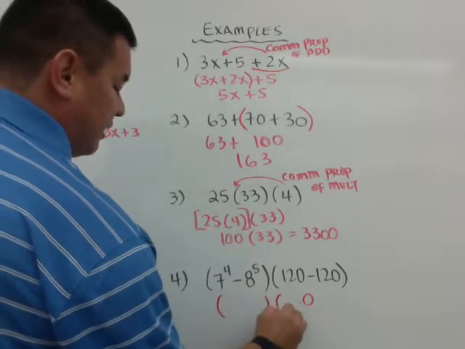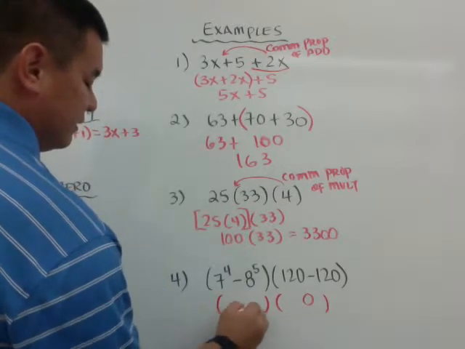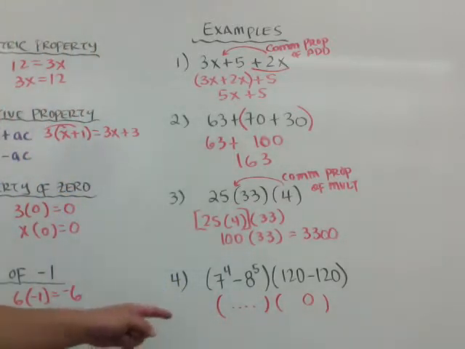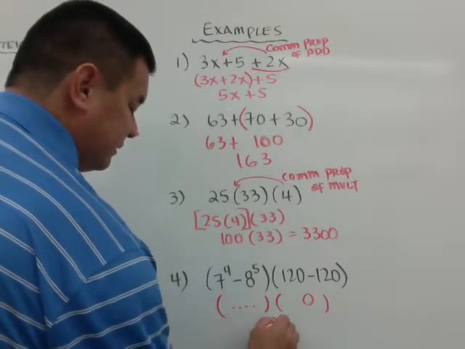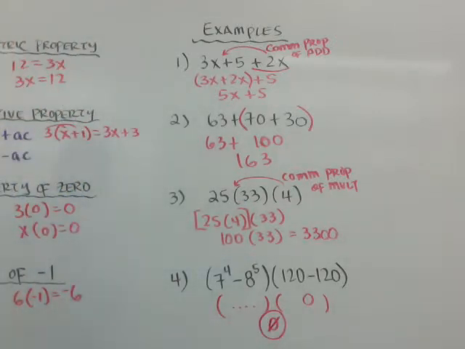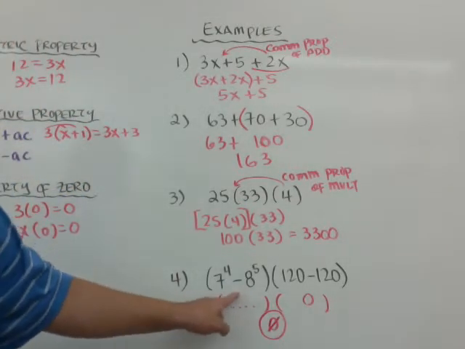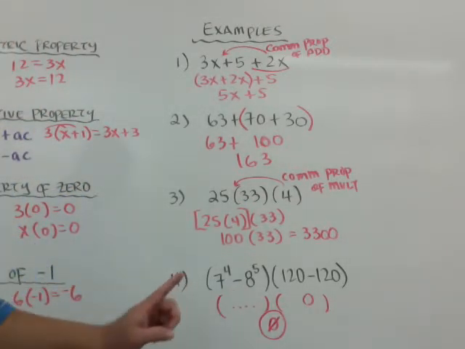So anything over here doesn't matter, because according to the zero product property, anything times 0 is 0. So you can save yourself a lot of time by not even multiplying whatever these are and then subtracting. It just becomes 0, since 120 minus 120 is 0. The zero product property makes it 0.